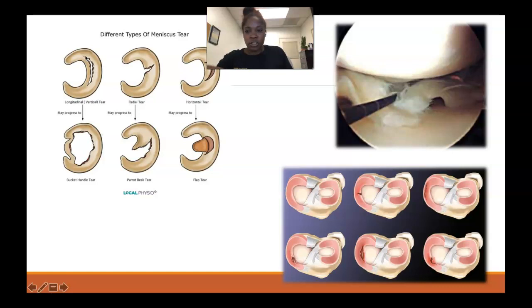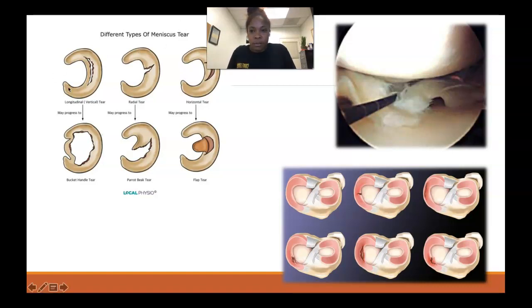And the question's going to be, is it in that peripheral zone or is it in that pink, red-white, or white zone? If it's in the white zone, we're certainly cutting it out. If it's in the red-white zone, then we might try to repair it in hopes that we can keep that cartilaginous structure intact, but you might have a risk of failure, right? And then you cut it out.